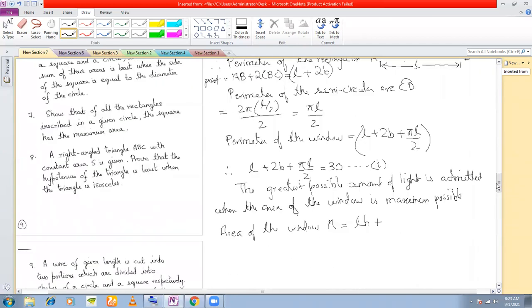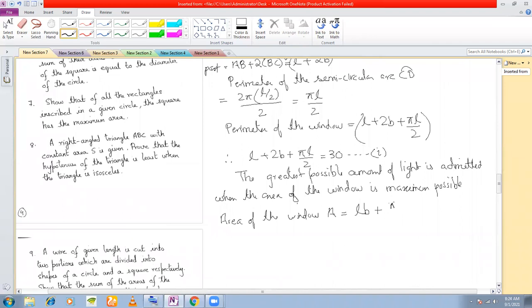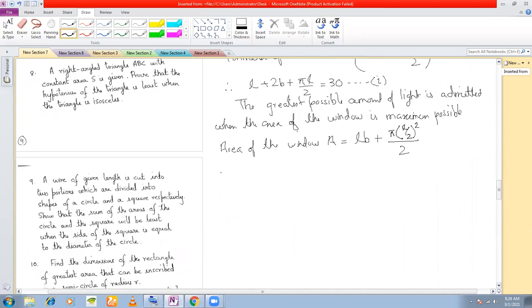What is the area of the semicircular part? Pi r square. R is L by 2 divided by 2. Right? Can write this as LB plus pi L square divided by 8. Right? Now this is number 2.